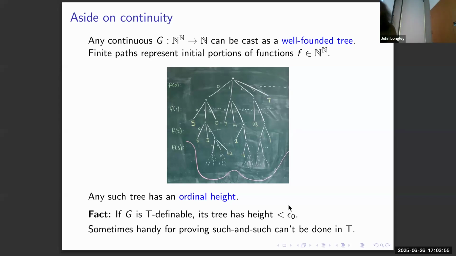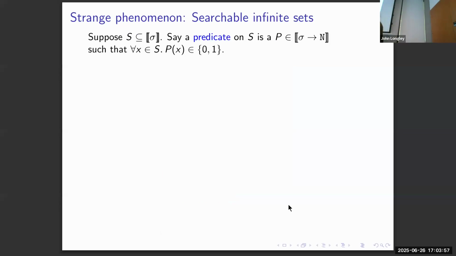Question? Can trees in system T be used to compare the heights of these trees? It's a very good question.